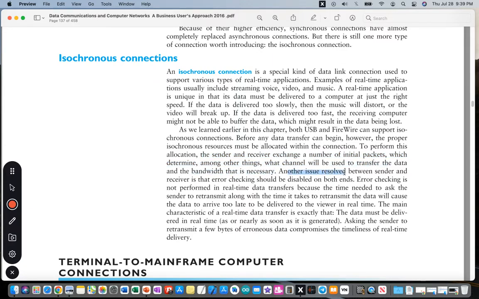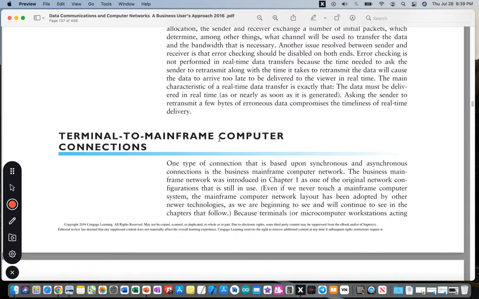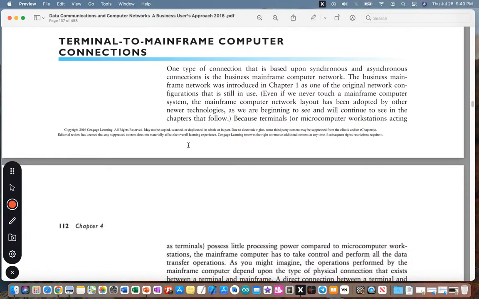Another issue resolved between the sender and the receiver is that error checking should be disabled on both ends, so no error detection or correction. Isochronous.